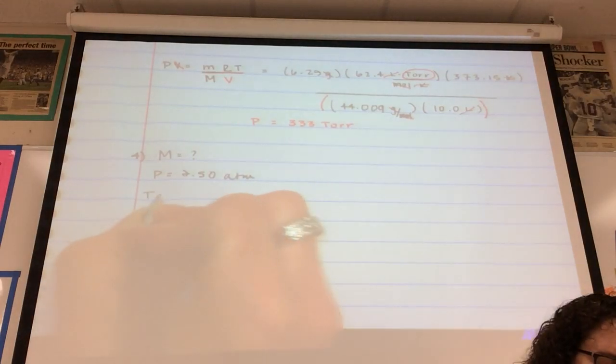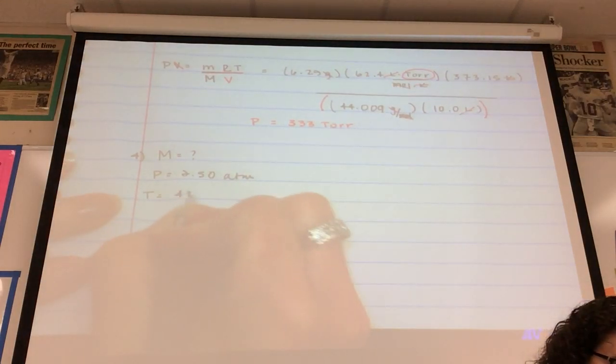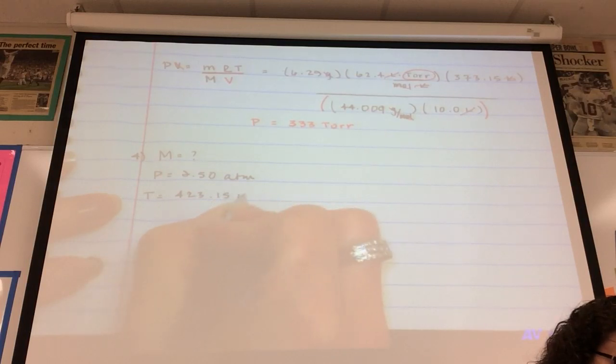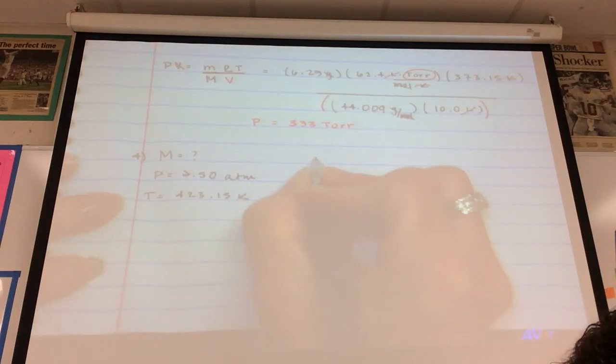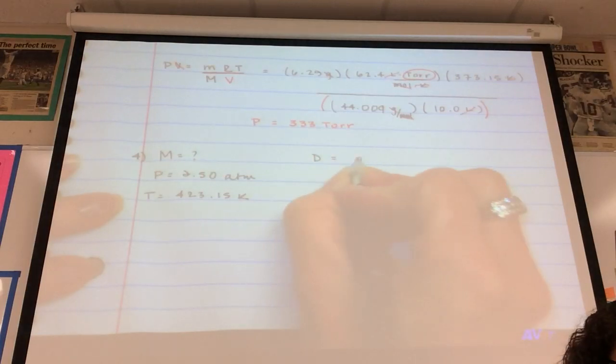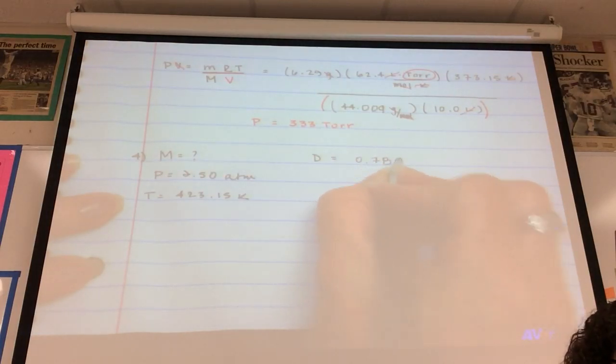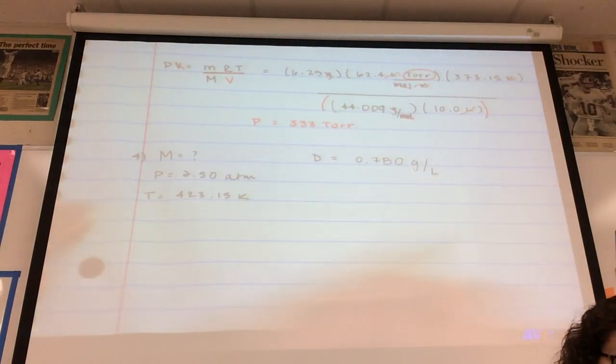The temperature is 423.15 Kelvin, and the density is 0.780 grams per liter.